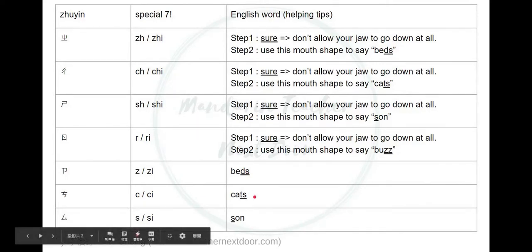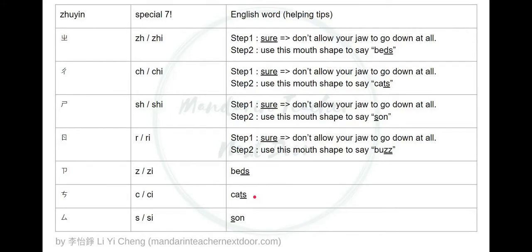Next one, C or CI. Look at the helping tips. It's cats, cats. Underline the t part only. Bring it to may, first tone. So C, CI is c, c.